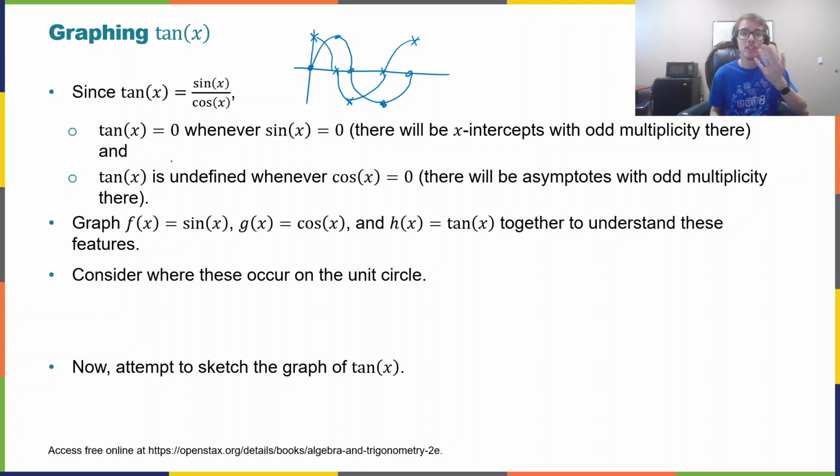So, according to this definition, whenever cosine of x is 0, we have asymptotes. So where cosine is 0, we're going to have asymptotes. Whenever sine is 0, we will have x-intercepts. So I'm going to put those points there.